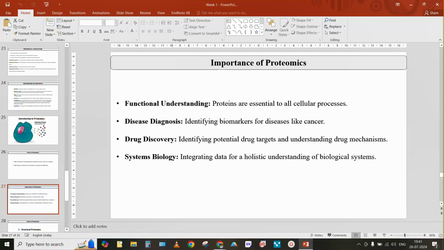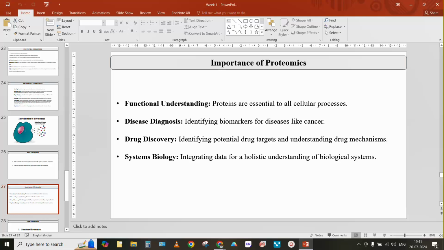Proteomics can identify disease biomarkers, leading to earlier and more accurate diagnosis, and can also aid in the development of targeted therapies. The next is drug discovery. Proteomics plays a crucial role in drug discovery and development by identifying potential drug targets and understanding drug-protein interactions.